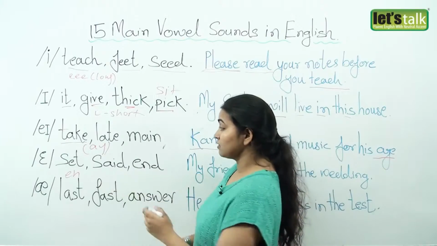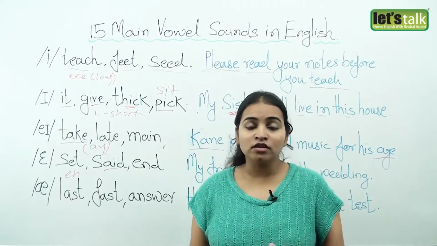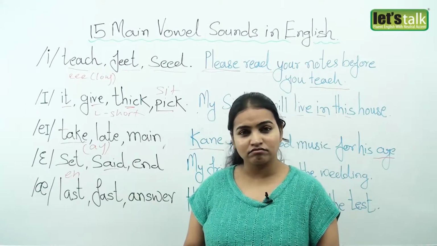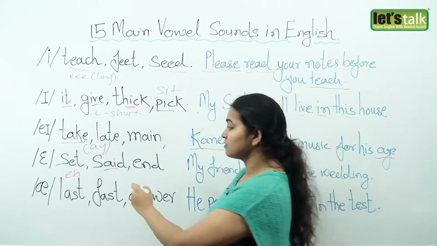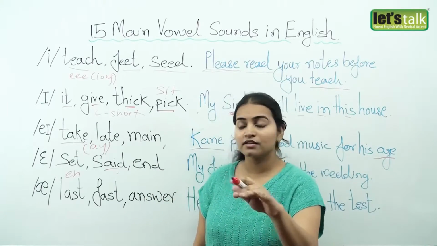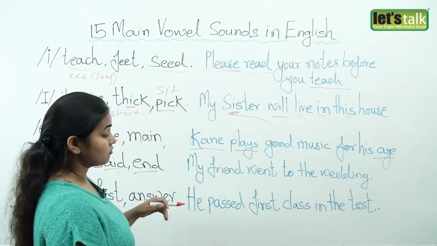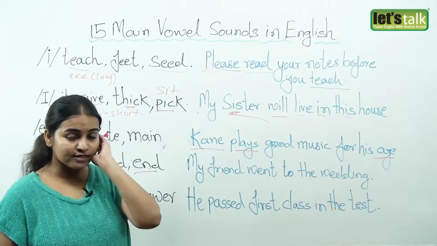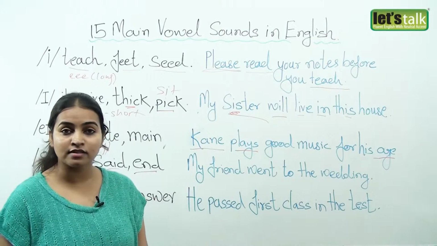You have another word, said. Non-English speakers sometimes pronounce this word as sayed. It's not an A sound. It is an eh sound. So it is said, an eh sound. For example, you have my friend went to the wedding. Let's look for the eh sound, okay? My friend, did I say friend?